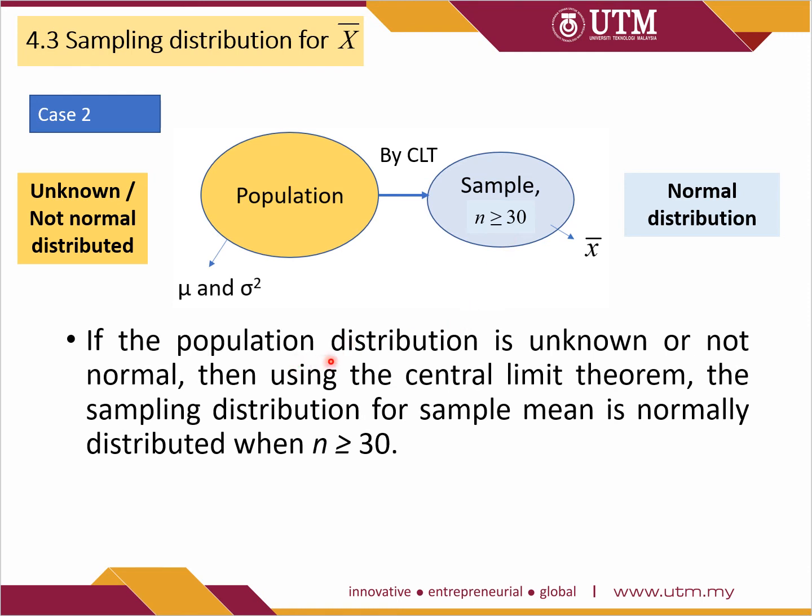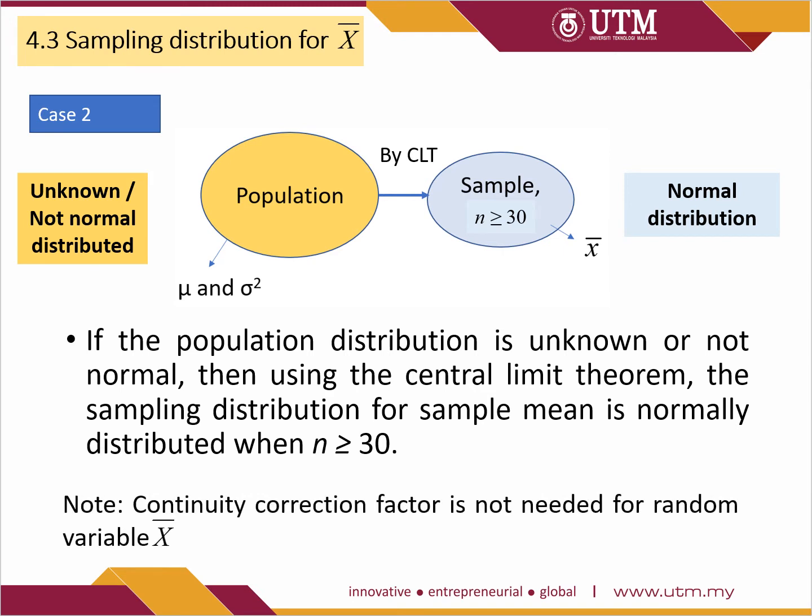So if the population distribution is unknown or not normal, then using the central limit theorem, the sampling distribution for the sample mean is normally distributed when n is greater than or equal to 30. For your note, the continuity correction factor is not needed for the random variable x bar.